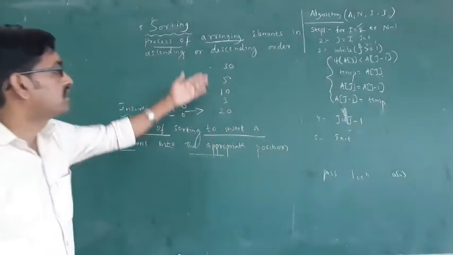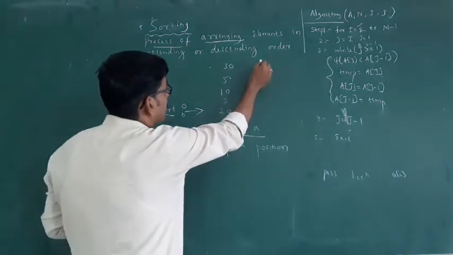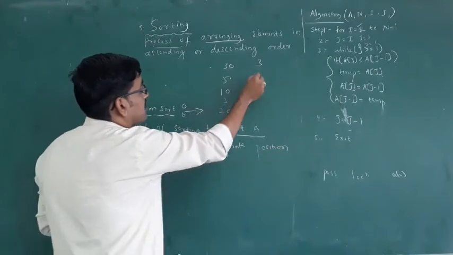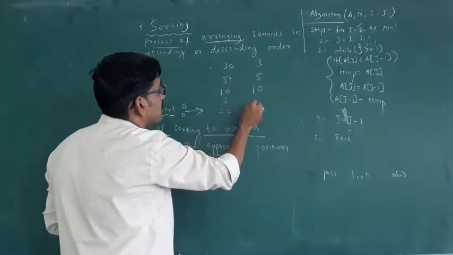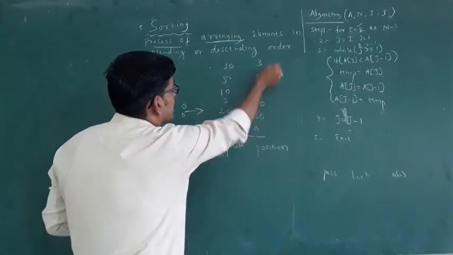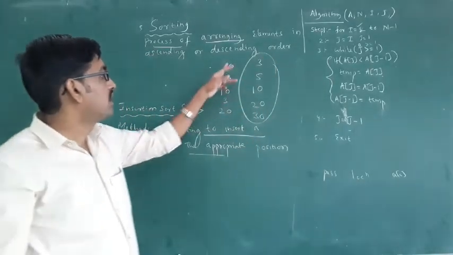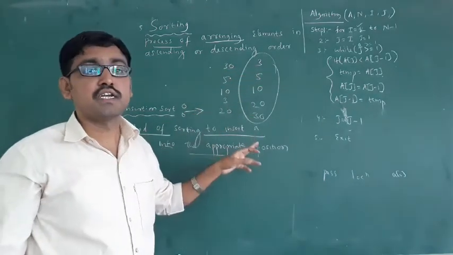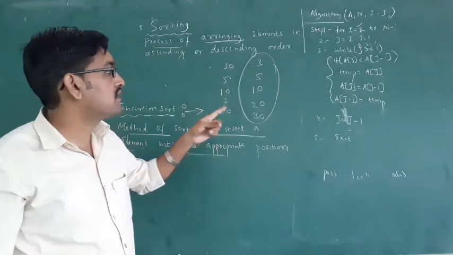How to arrange this in ascending order? First I have to arrange 3, then 5, then 10, 20, then 30. This is called sorting: arranging the elements in ascending order.